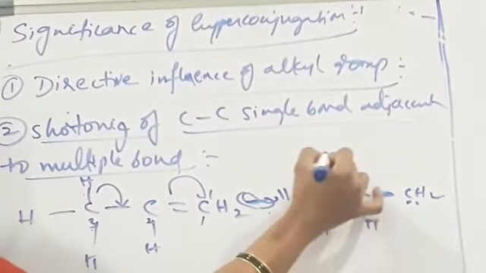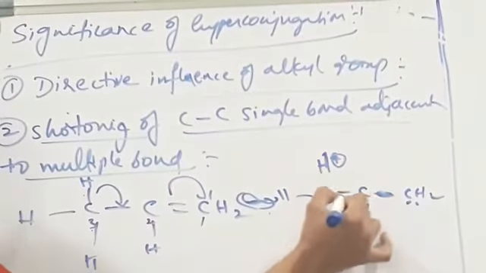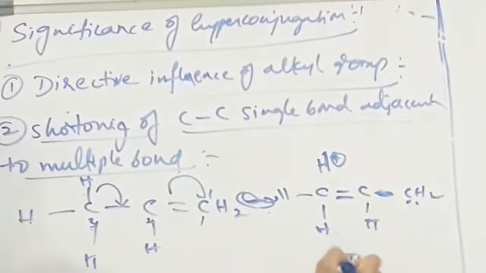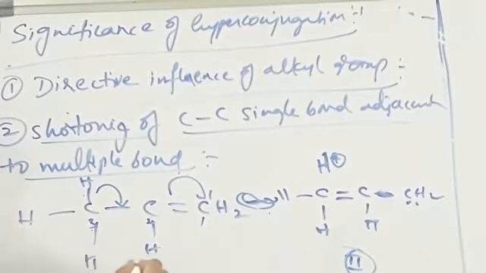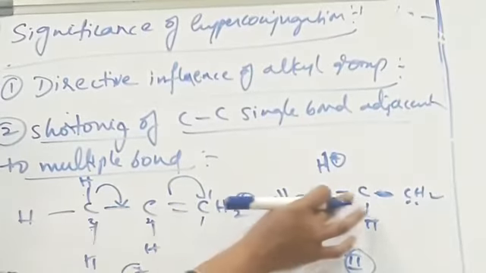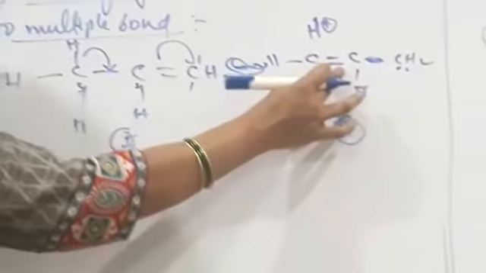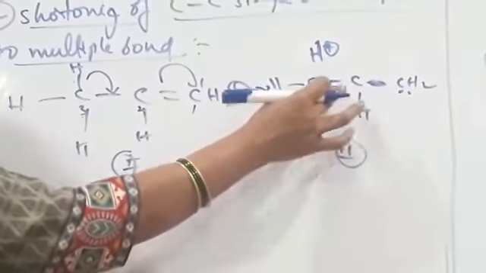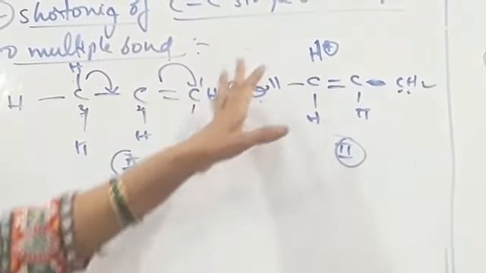So this is the resonating structure. The single bond gets converted into a double bond there. That's why its length becomes decreased. So the length of the carbon-carbon single bond decreases due to the formation of a double bond here.